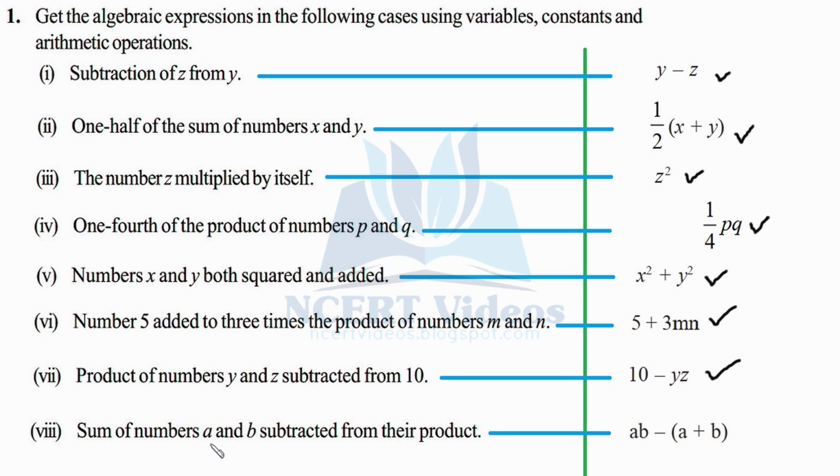Sum, that is addition of a plus b from this. Therefore, minus, we write it in bracket because this is one term, because first we are adding them and we are subtracting this addition from the product, that is ab. Therefore, ab minus bracket start a plus b bracket close. That's your last, and that is the first question.